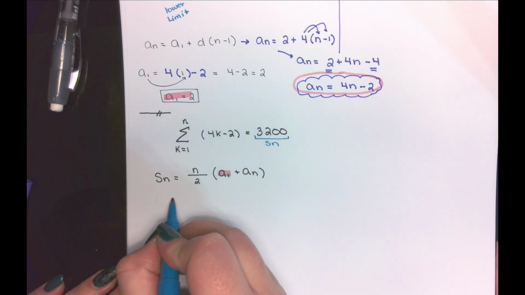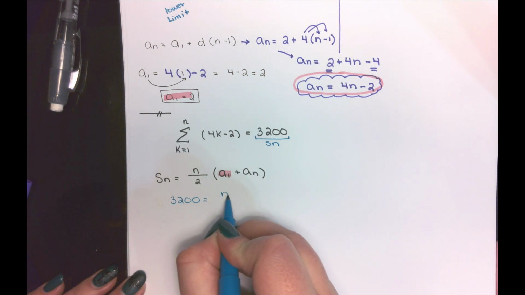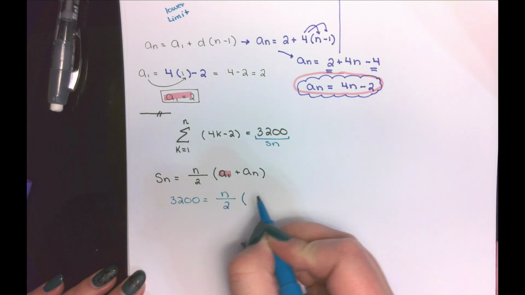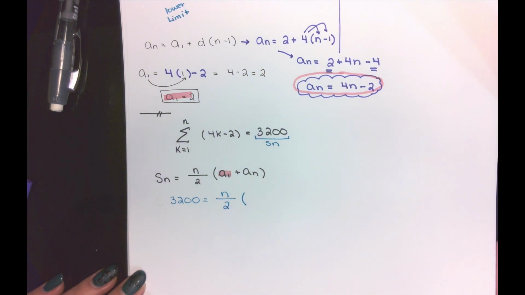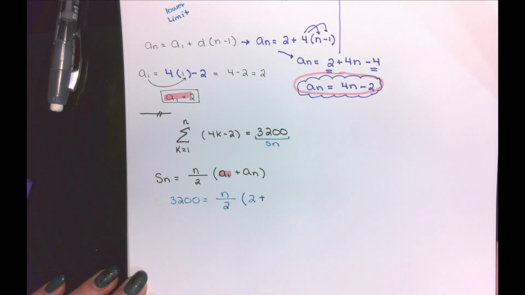So S sub n is 3,200, which is equal to n divided by 2, where n is unknown, times a sub 1. What is a sub 1? A sub 1 is positive 2 plus, now watch what happens. This is the tricky part.